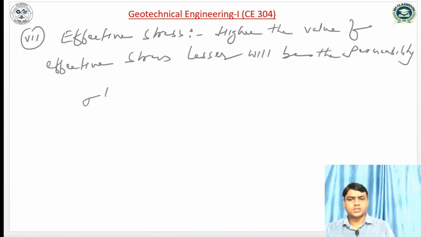If effective stress is high, void ratio will be less and permeability will also be less.